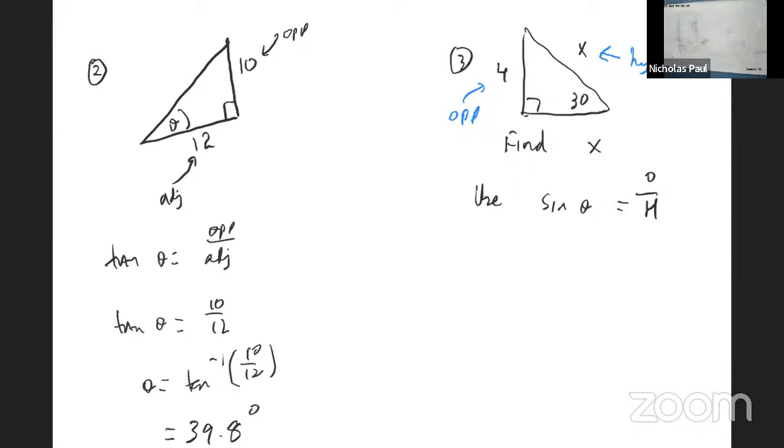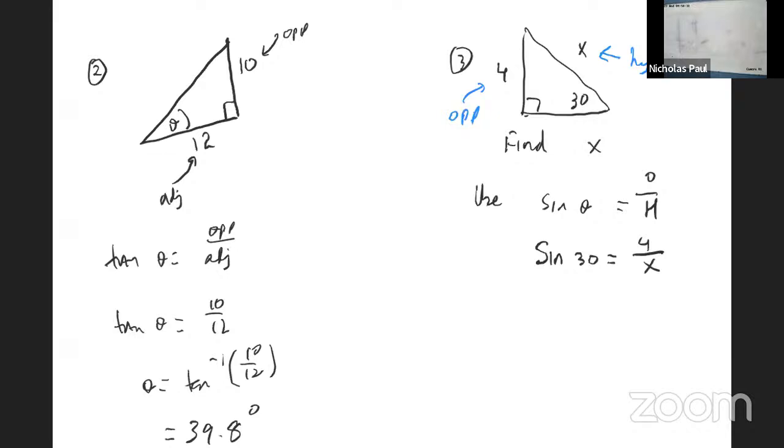So watch here. That's what you're doing, right? So we know the angle is 30 degrees. So sine 30, we know opposite is 4, and we know hypotenuse is x. Right? Sine 30 is how much? Go to the calculator. Press sine 30.